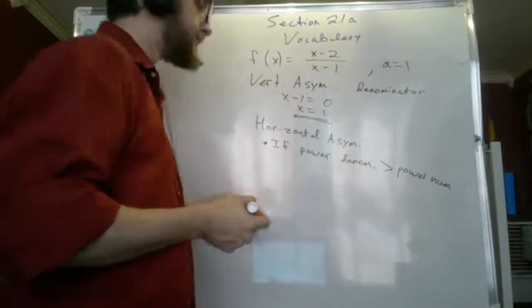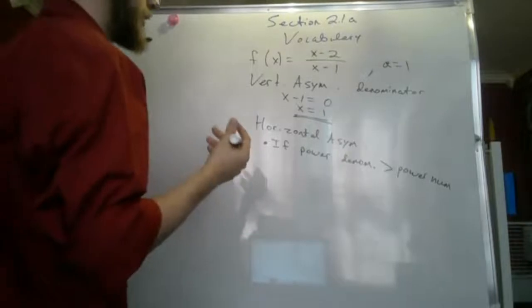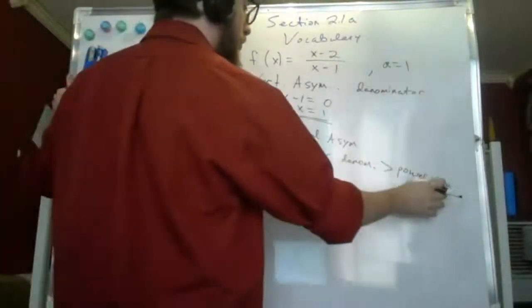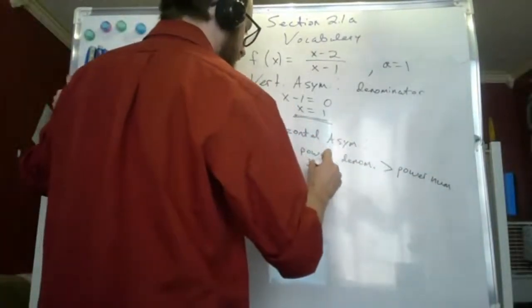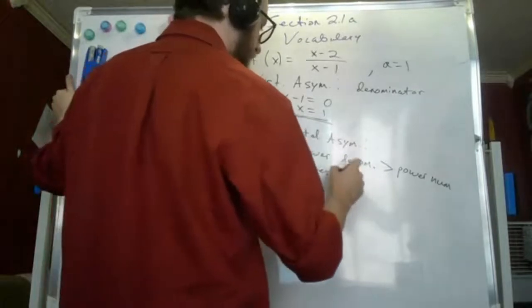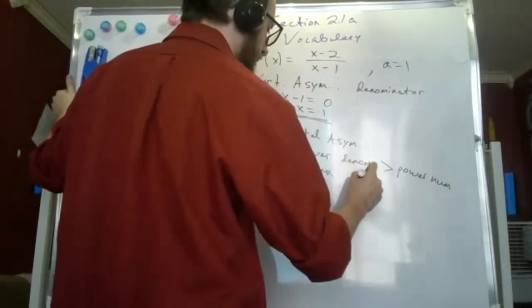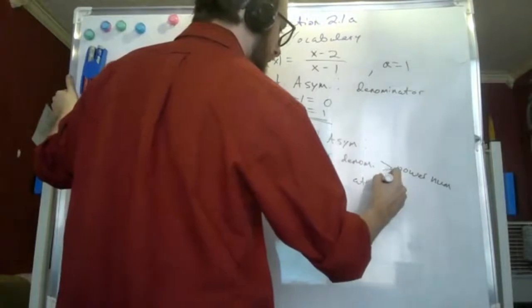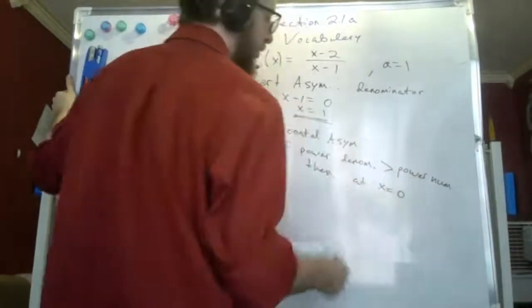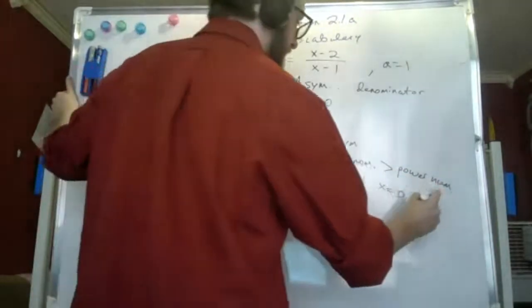but this is still a good rule to keep in mind. So if the power of the denominator is greater than the power of the numerator, then you have a horizontal asymptote at y equals 0, in other words, the x-axis.